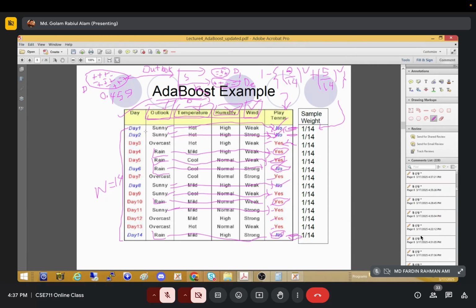Now another one: outlook equal overcast. Here is overcast, here is overcast, and here is overcast. That means we can see 4 overcasts. For each of these overcasts, the decision is yes. That means all 4 times we made just the yes decision.